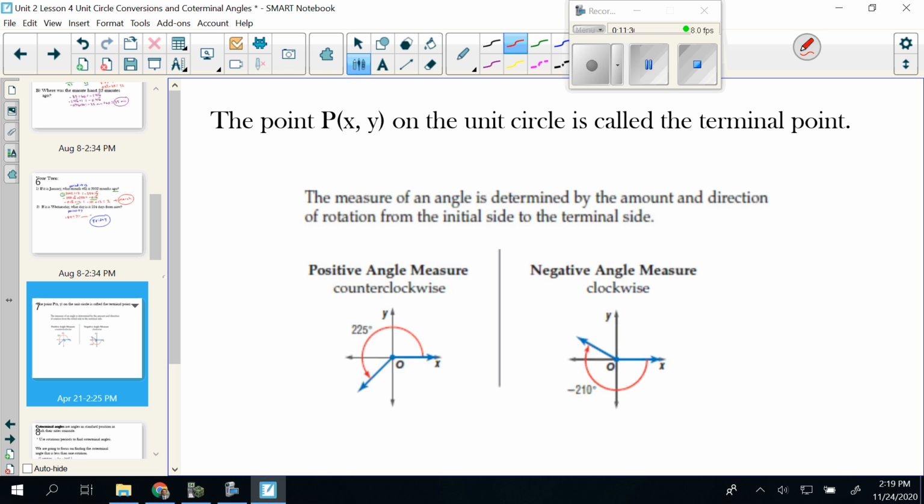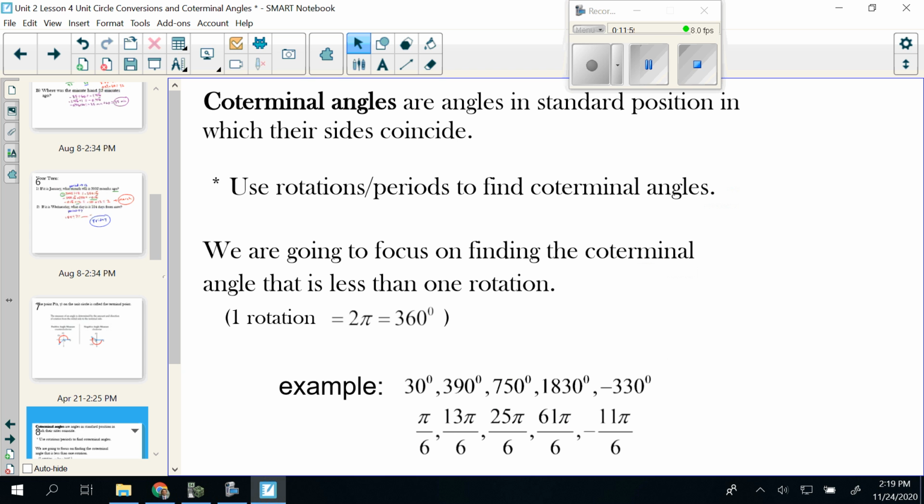So if your angle is positive, remember we're moving counterclockwise to there. So there's the terminal point. If your angle's negative, you're moving in the clockwise direction, that number of degrees or radians, and that would be your terminal point. So terminal point's where you end.